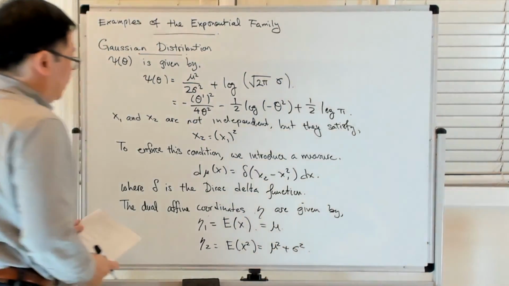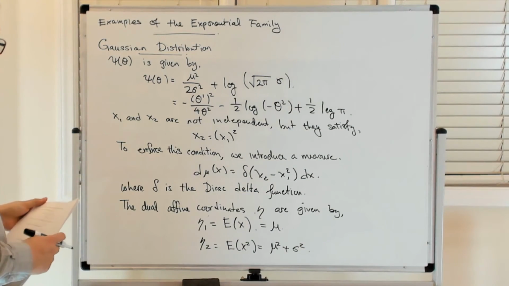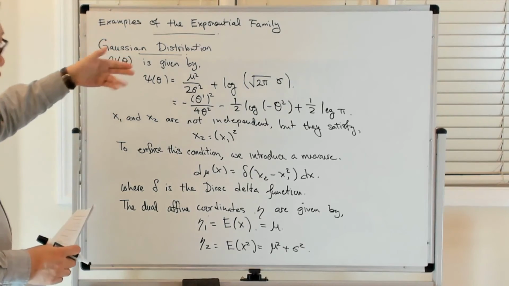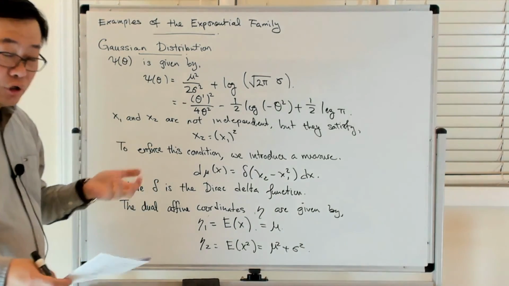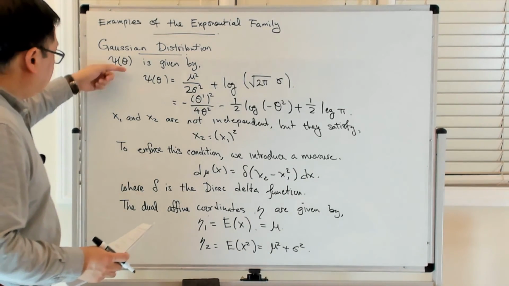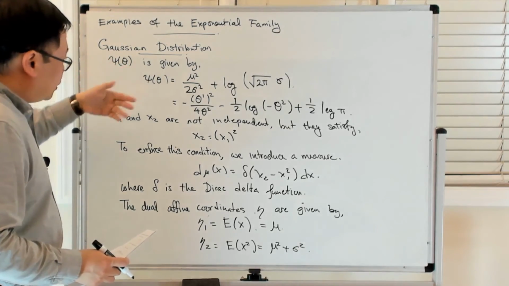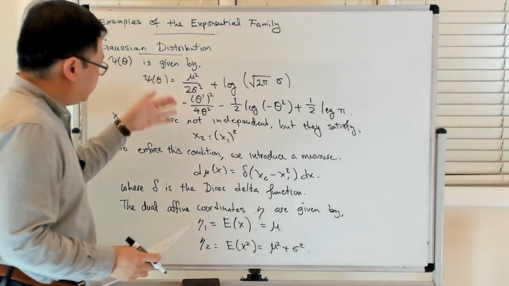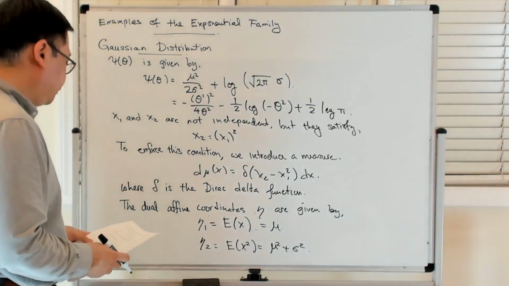So this is one way to think about the Gaussian distributions as being elements of this exponential family. We've specified the functions h1 and h2. We've specified phi, this convex function, which is used to normalize the distribution.